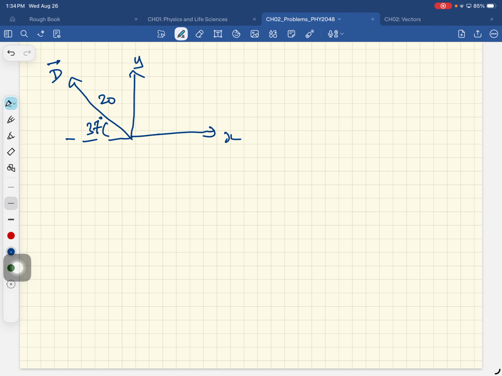This side would be 20 cosine 30. This side would be 20 sine 30, but this is negative, so F, you guys understanding this? Yes. 20 cosine 30, you're putting in the sign by hand, 20 sine 30, and again that's negative.